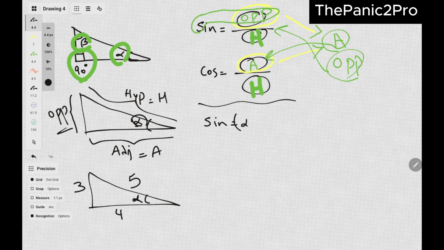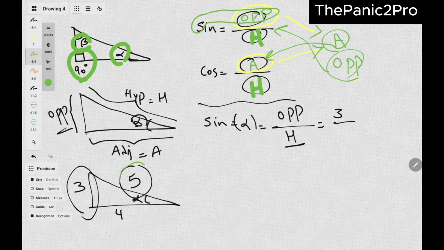If I want to calculate the sine of alpha, it's opposite over H, and opposite is the opposite leg, which is 3, and H is always the biggest side in the triangle ever. The biggest one is 5.